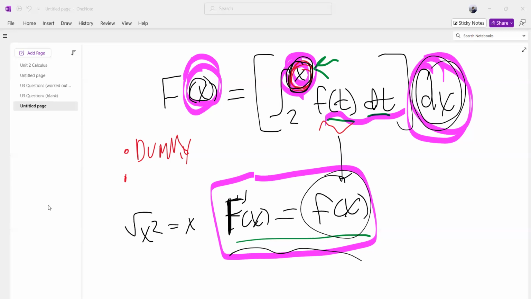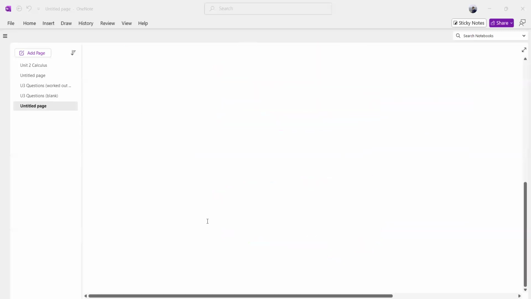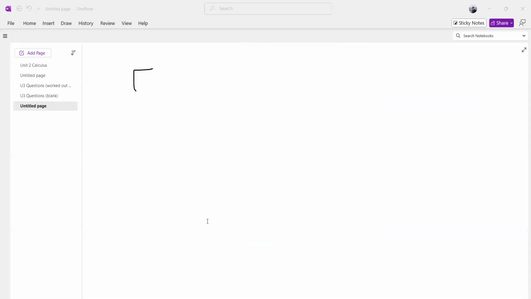Now let's look at an example where it's not just vague. Let's actually put something in there. So we're saying the antiderivative, whenever I put a capital F of x, that's what I'm saying, but it's possible someone could use g of x or something. Just read what the question says.